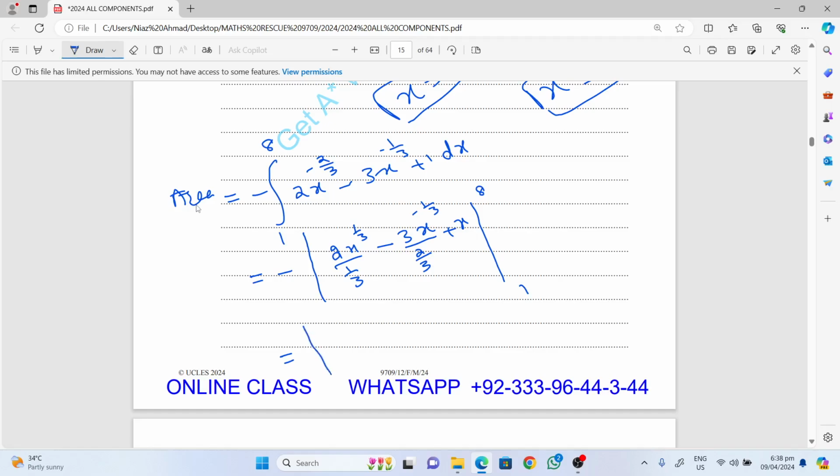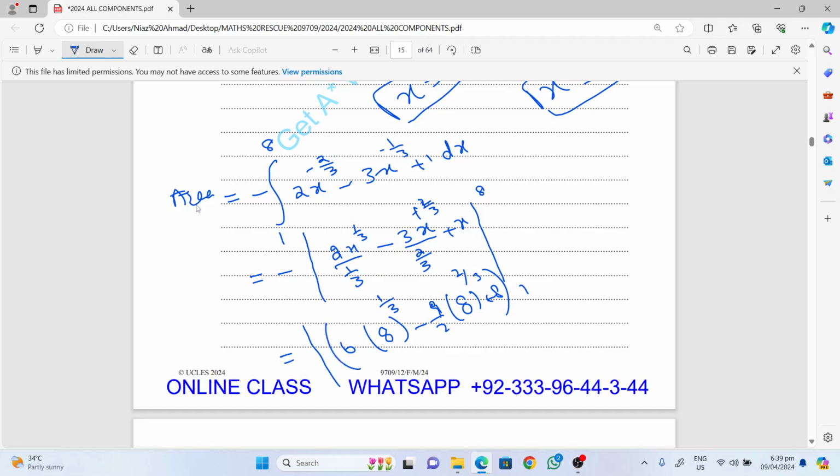So now 3 times 2, this is your 6, and I'm going to apply the upper limit over here, 8. 6 times 8 to the power 1 by 3 minus this is 9 by 2 and x is 8 to the power 2 by 3 and plus 8.